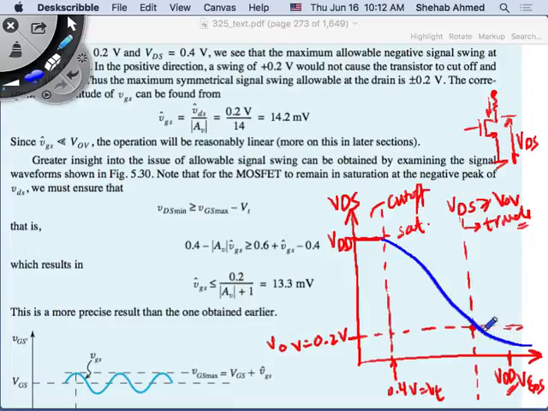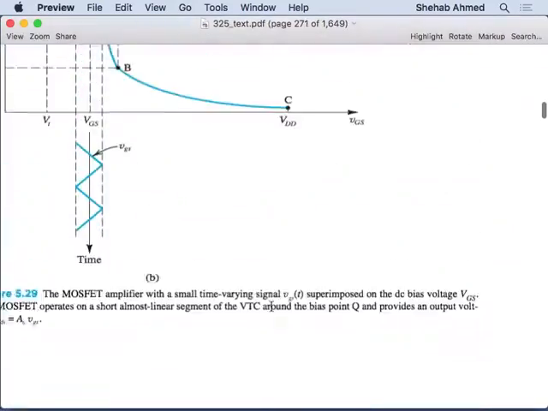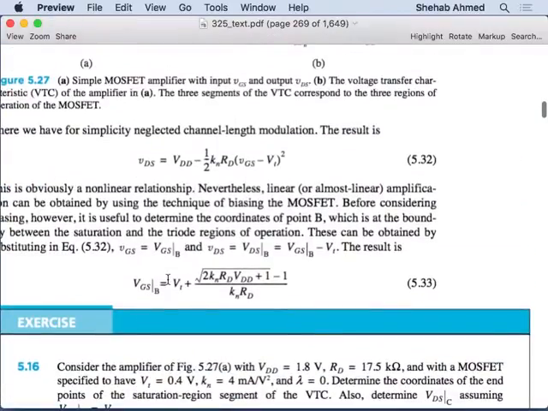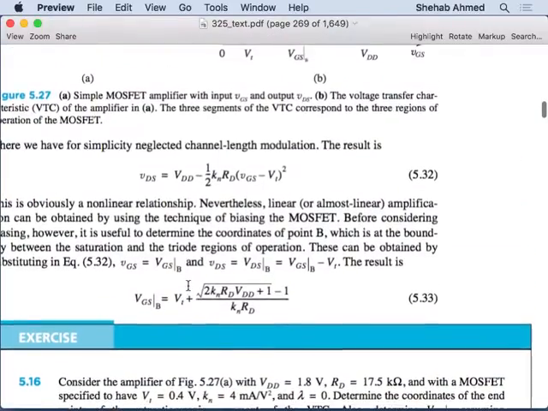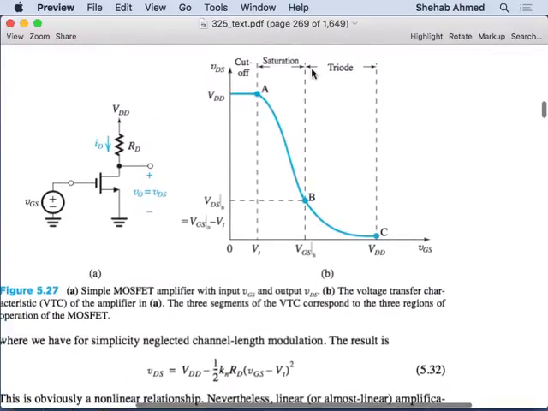Remember, given the equation, we were able to calculate the point B. Remember, VGSB was calculated for us. If you go back to this point, VGSB is the intersection between the triode and the saturation region.